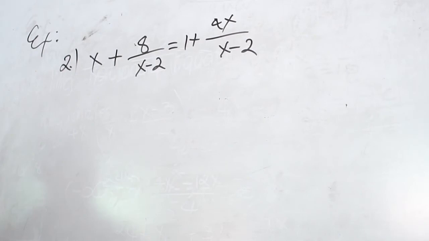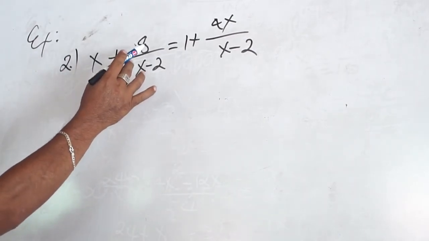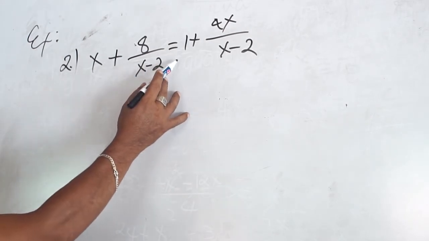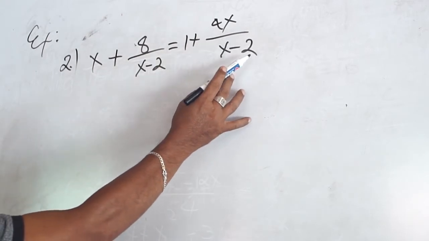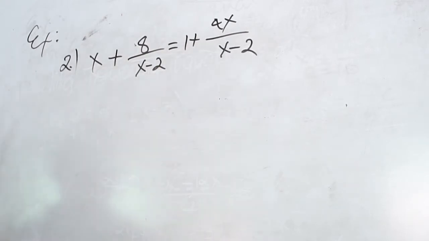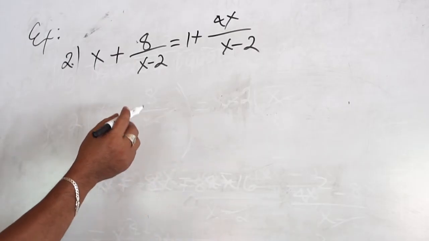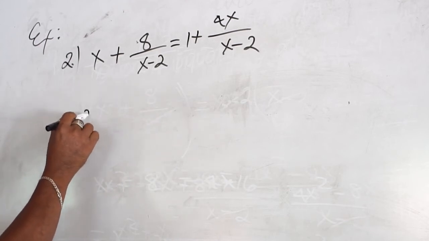For example number 2, we have (x plus 8) over (x minus 2) equals 1 plus 4x over (x minus 2). First, find the least common denominator. The least common denominator is x minus 2.